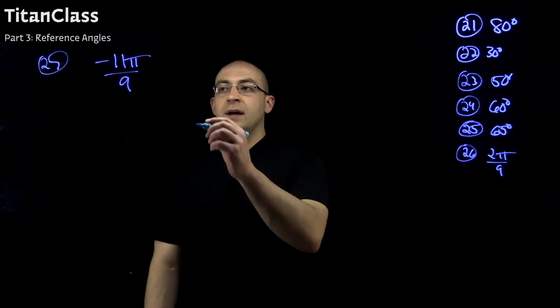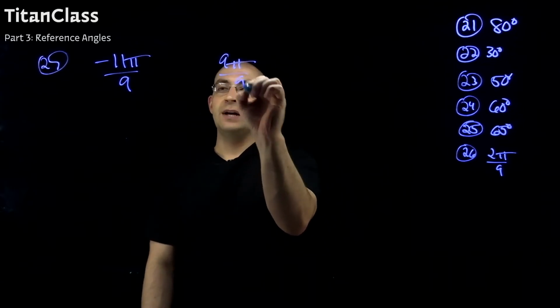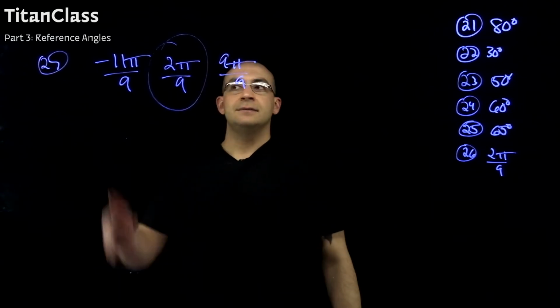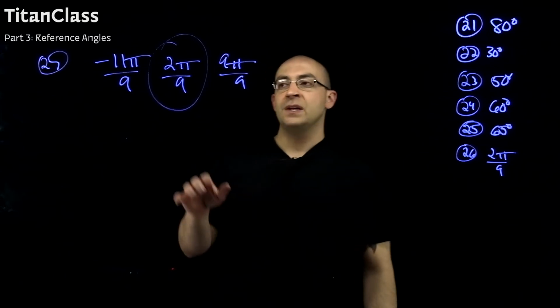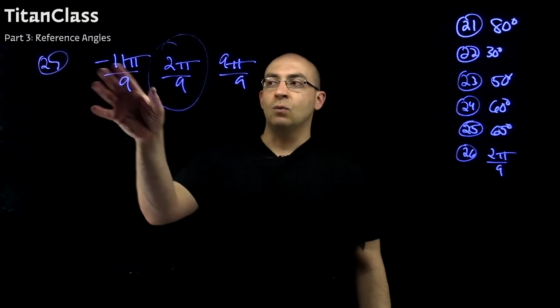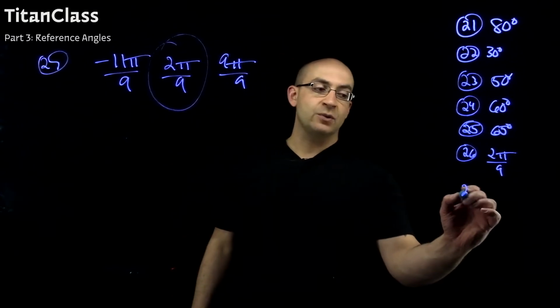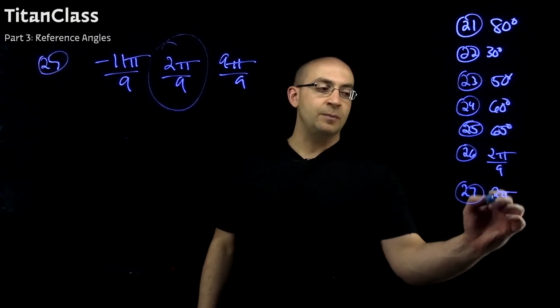So what number is going to get me to that 9 pi over 9? And that is going to be 2 pi over 9. Now again, it's not negative, it's just the direction. So regardless of the sign, what number can I get to 9 pi over 9? And that's a 2. So my answer for number 27, the reference angle, is 2 pi over 9.